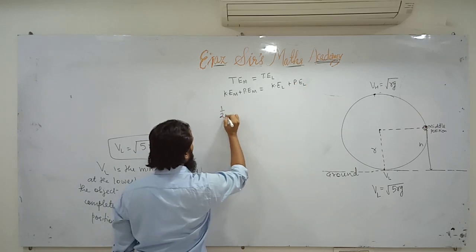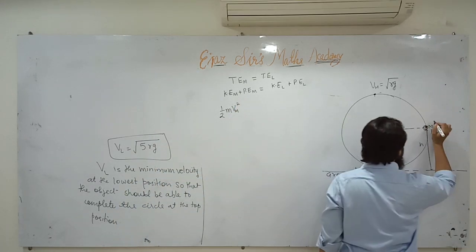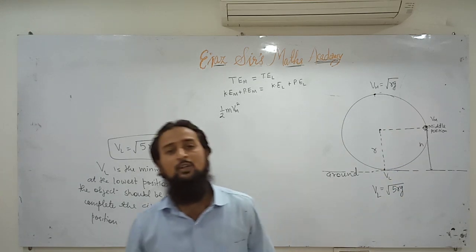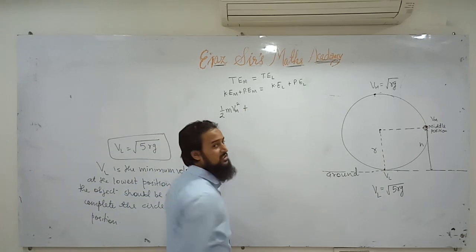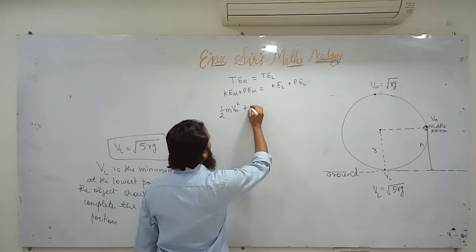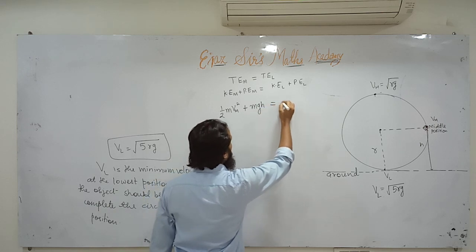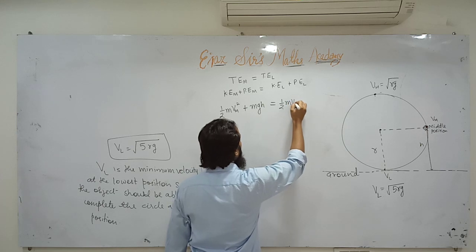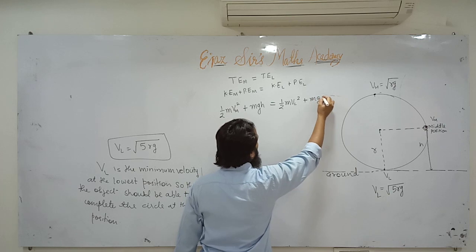Kinetic energy at the middle position will be half m Vm square. What is Vm? Vm is the minimum velocity at the middle position. Plus potential energy at the middle position, how much will it be? It will be mgh, is equal to kinetic energy at the lowest point, half m VL square, plus potential energy at the lowest point, mg into 0.